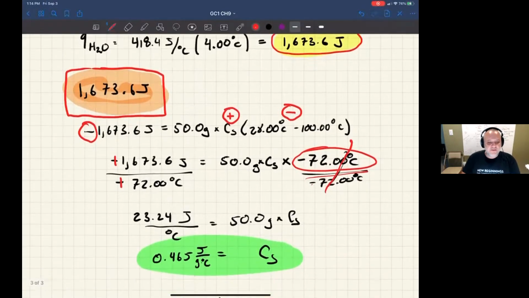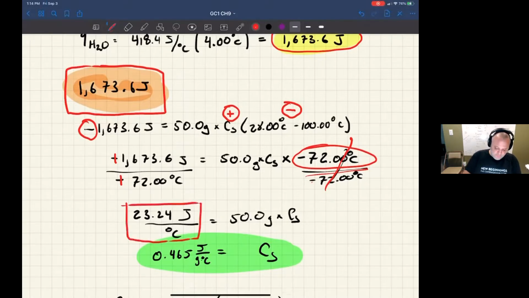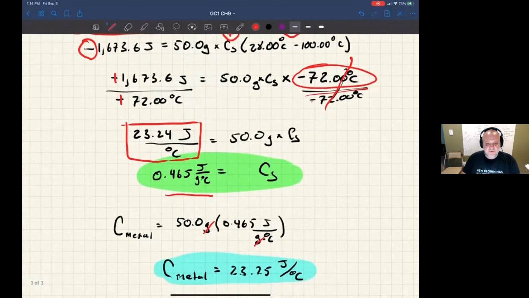So 1673.6 joules divided by 72 is 23.24 joules per degree C. And then if I divide both sides by 50, I get the specific heat of the metal to be 0.465 joules per gram degree C.